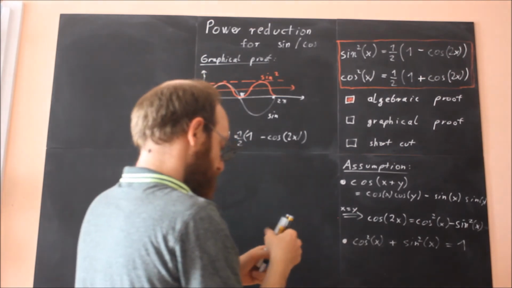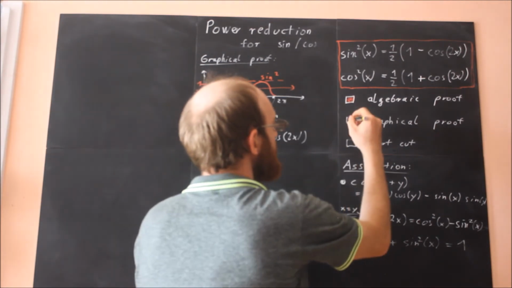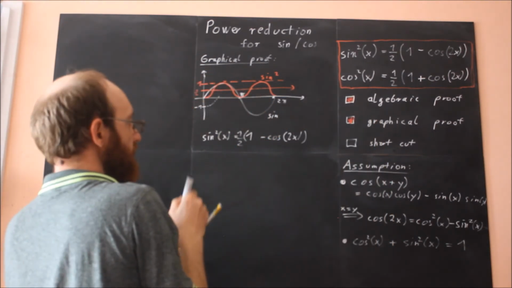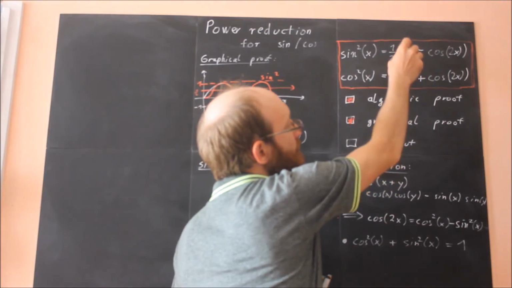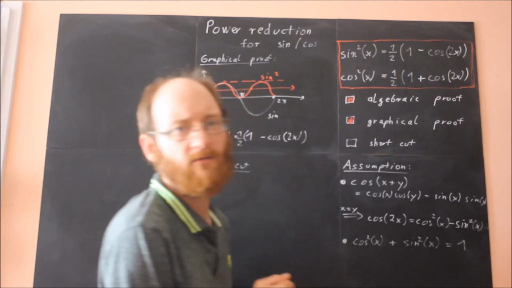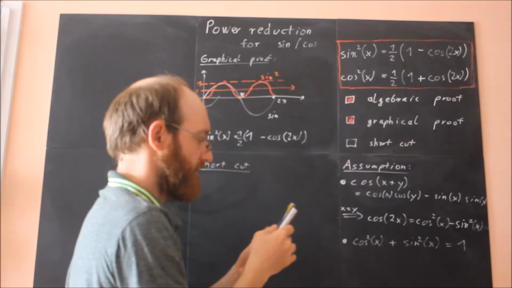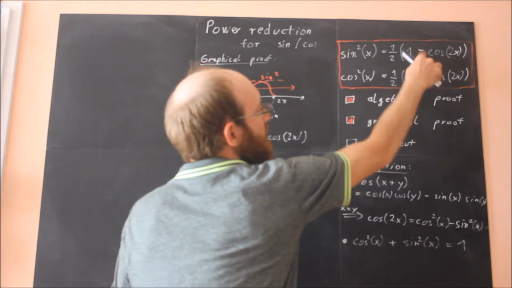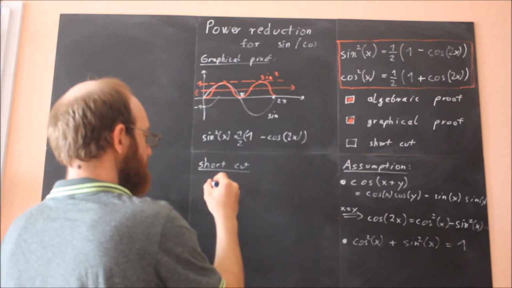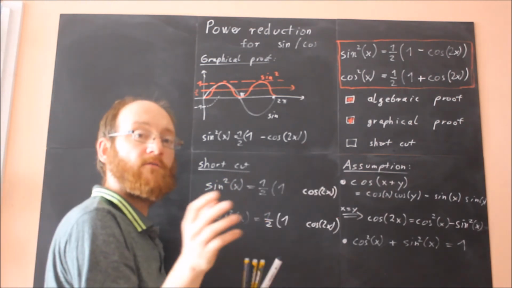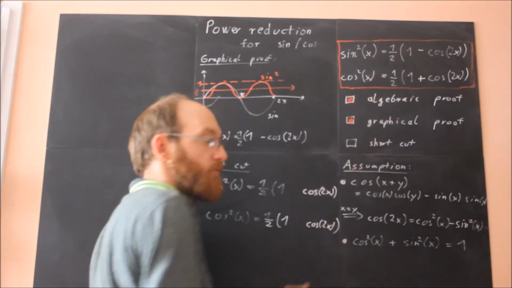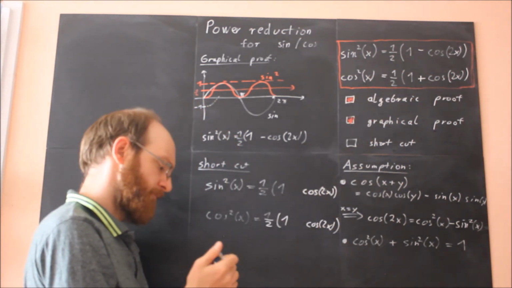And now the last proof is the shortcut. The shortcut is how, if you know about the 1/2 and the cosine 2x, we can recognize the sign, the plus or the minus, and let's write it down for the last time.